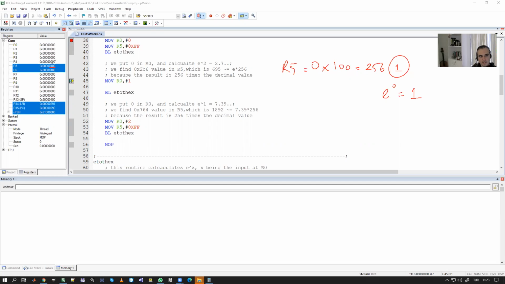Because that's the result. Where shall I put the comma? 1,00. Exactly. And what is this number? It's 1. Let's calculate this number. 1 times 16 to 0 plus 0 times 16 to minus 1 plus 0 times 16 to minus 2. 1 times 1 plus 0 times something plus 0 times something. It is 1. Yes, it's 1.